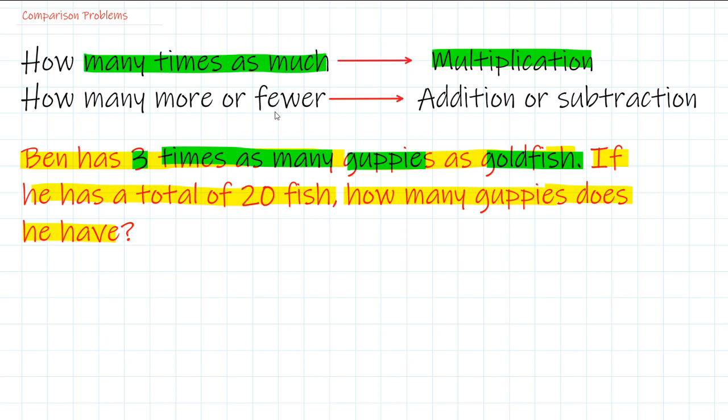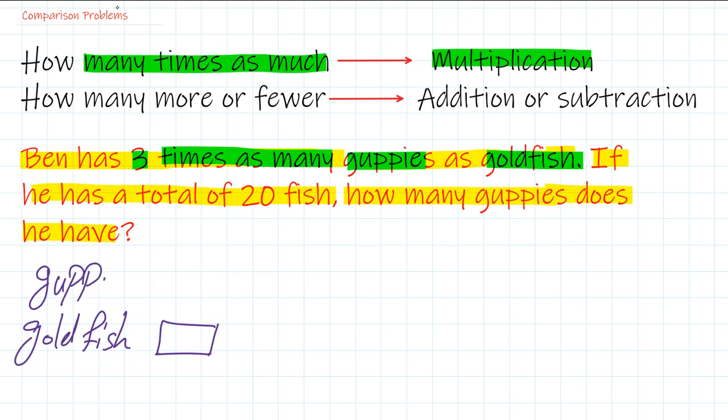So let's model it. Goldfish is the small one, so it takes 1 block. What about guppies? They take 3 blocks.